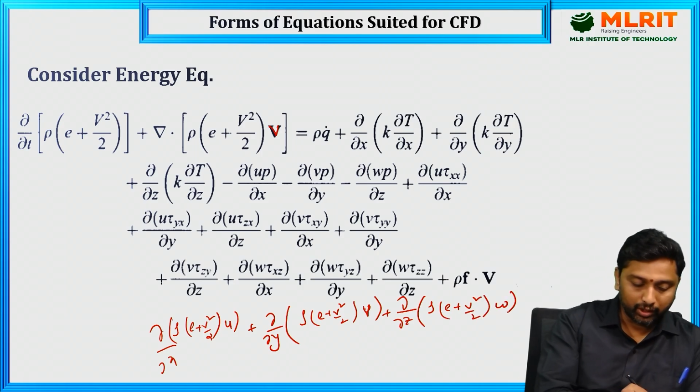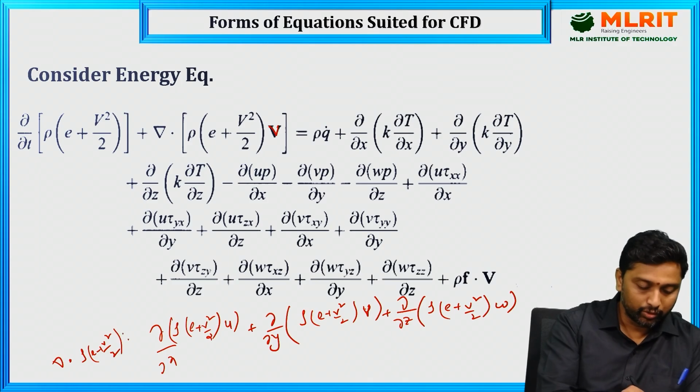So this is nothing but the divergence of rho e plus v square by 2 into v.